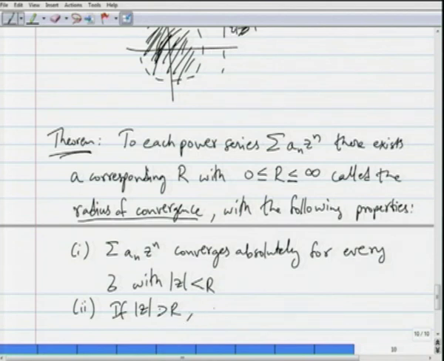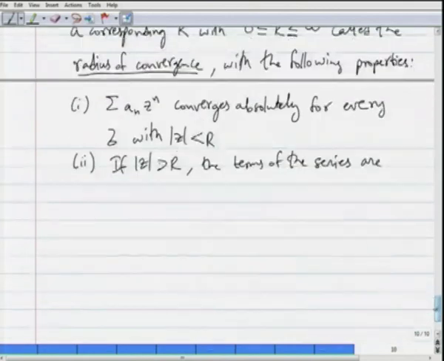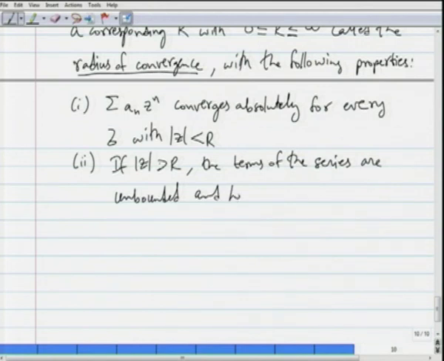If mod z is greater than R, the terms of the series sigma a_n z^n diverge, are unbounded, and hence the series is divergent.